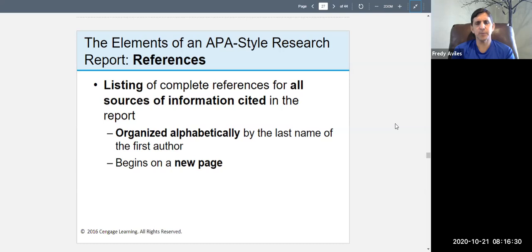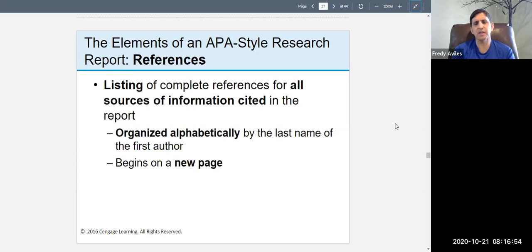Other parts of the research paper: the references. You need a list of the complete references for all the sources of information that you cited, all those authors that you cited, let's say in the introduction section of your paper. You might have had a citation also in your method section.